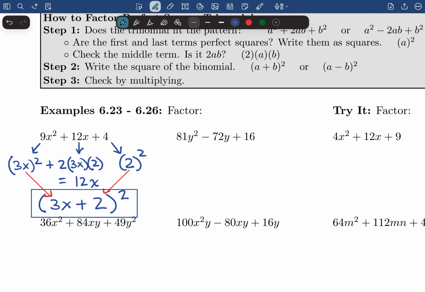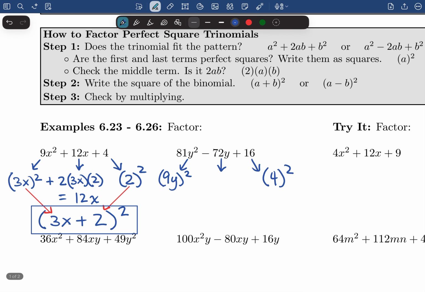Let's do this again so you start to get more comfortable. When I see 81y squared, my brain says, well, that's 9y squared. And when I see 16, my brain says, well, that's 4 squared. Now I look at the middle term here, and I have to check to see if that fits this pattern. This is the a squared minus 2 times a times b plus b squared pattern.